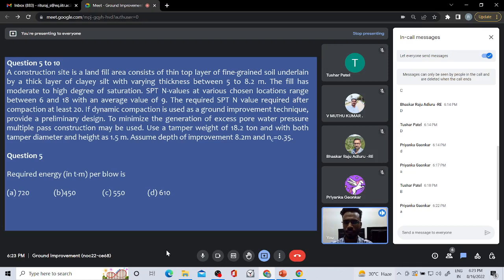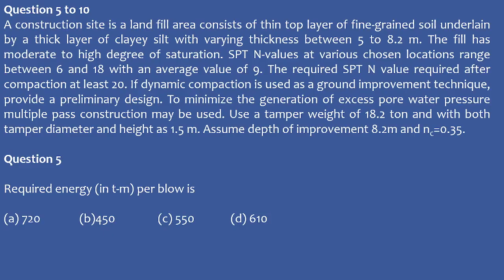So coming to the next set of questions, the whole set of questions from question number 5 to 10, we'll be discussing this basic design problem only, and we are going to design some of the parameters related to deep dynamic compaction. So starting with the question: we have a construction site which is a landfill area whose thin top layer is a fine grained soil underlain by a thick layer of clay silt with varying thickness between 5 to 8.2 meter.